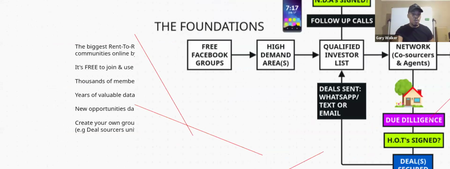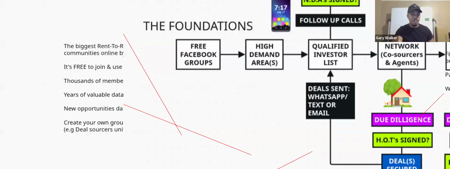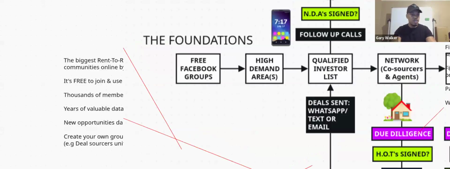The reason we focus on free Facebook groups is, firstly, Facebook has the biggest rent to rent communities online. I don't know whether you've done the research, but you can look on places like LinkedIn, Instagram, TikTok, Snapchat, any of those other platforms, and you'll notice that none of them have the same presence or community in terms of rent to rent as Facebook.